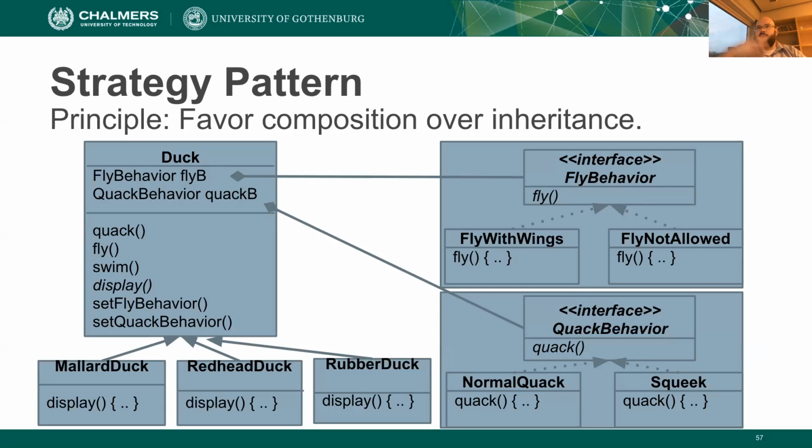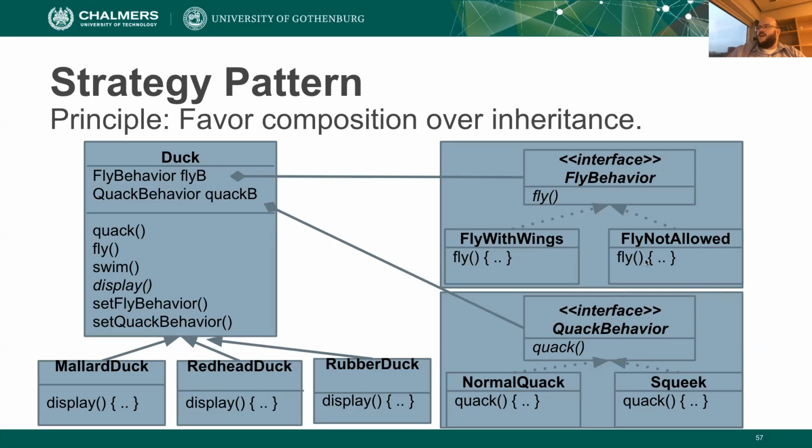Often we should favor composition of a class from different parts over direct inheritance of behavior. So we've got our duck. Our duck has flying and quacking behaviors, but some ducks quack and fly in different ways. So rather than inheriting how we fly from a parent class and then overriding it, we instead implement these behaviors once in their own classes, implementing a common interface.